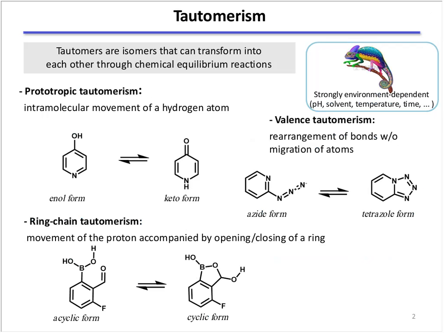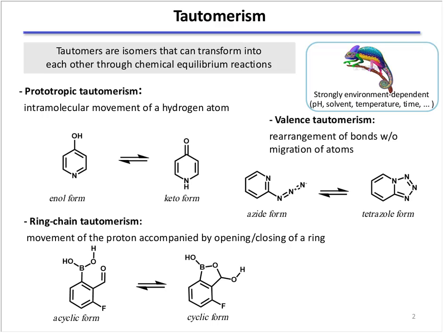Tautomerism is basically a very broad term, but here we are going to talk mainly about 3 types: prototropic tautomerism, ring-chain tautomerism, and valence tautomerism. As the name indicates, prototropic tautomerism is a type that involves the migration of a hydrogen from one heavy atom to another, along with the reorganization of single and double bonds.